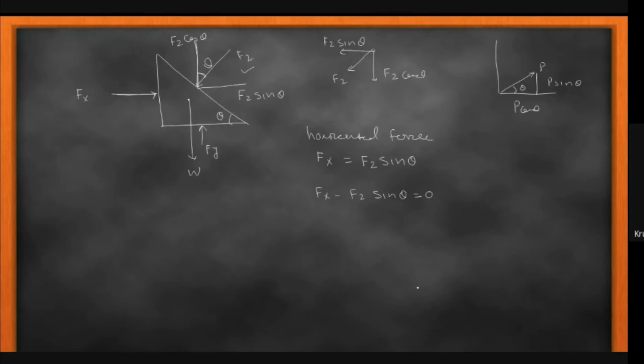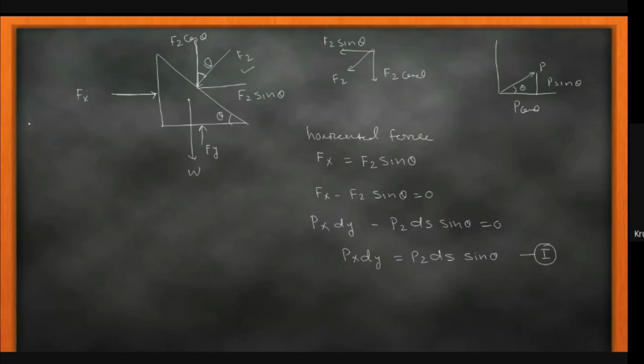Putting in the values, Px into dy minus Pz into ds into sin theta equals 0. So we get Px into dy equals Pz into ds sin theta. That is our expression number 1.